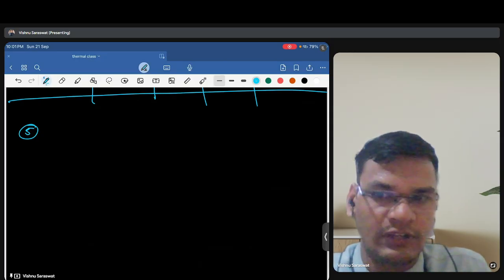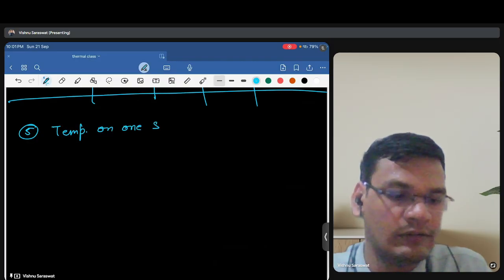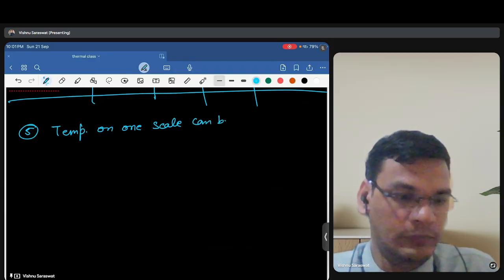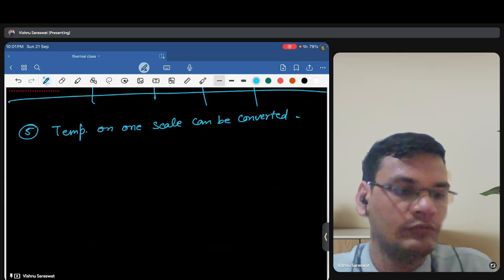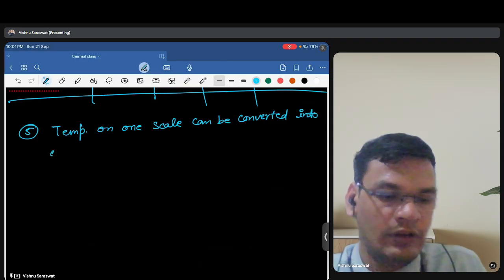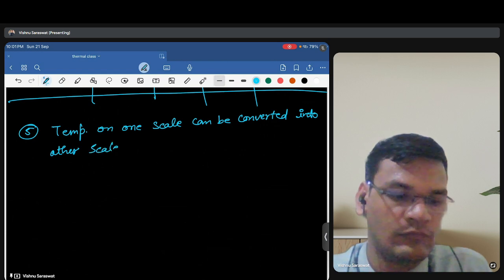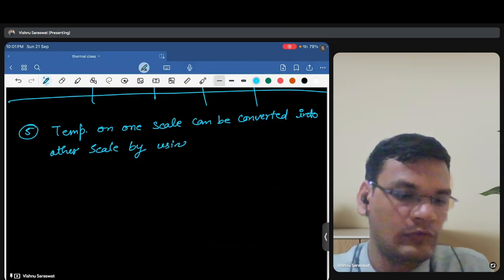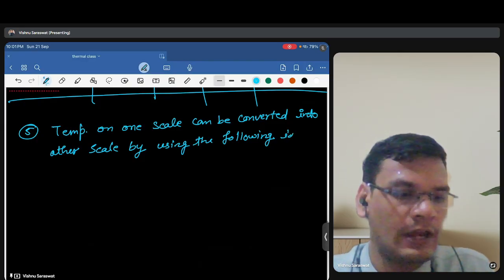The point is that temperature on one scale can be converted into another scale by using the following measure or identity.